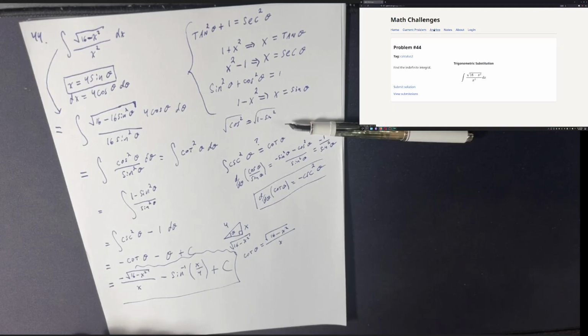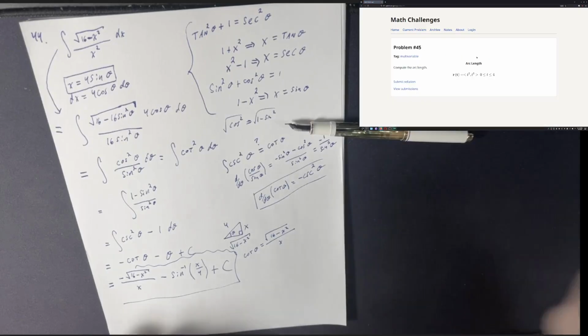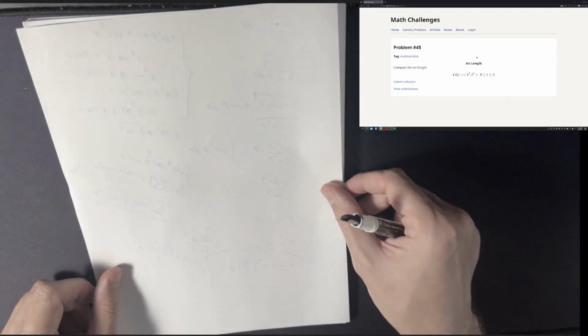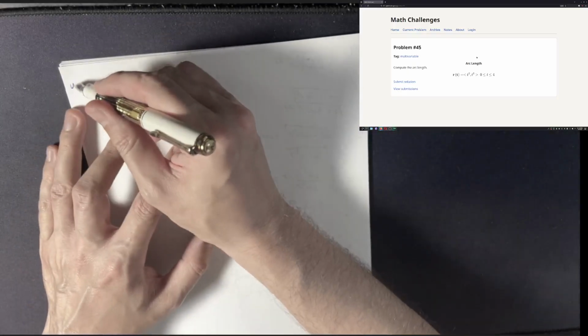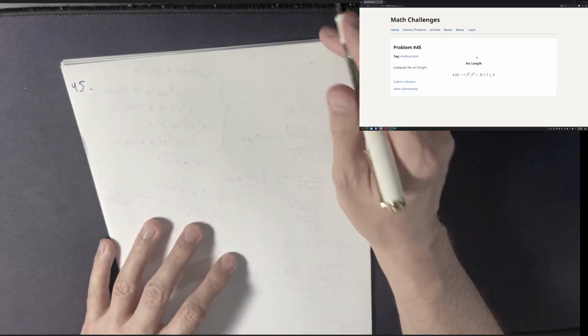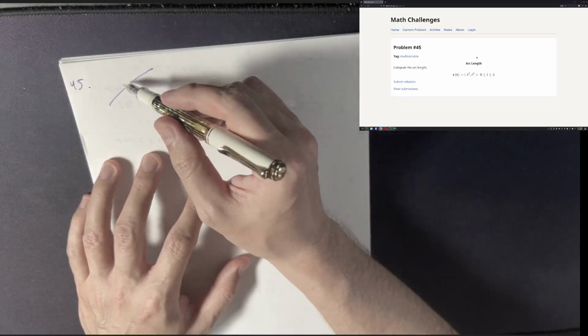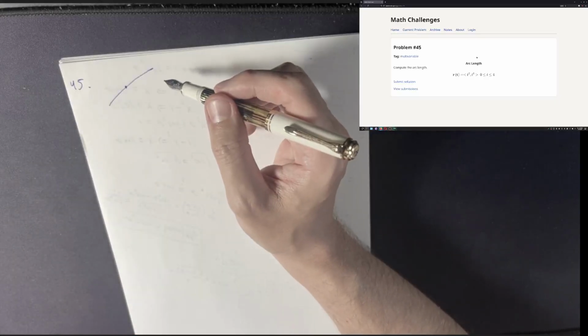So let's see what's next. This multivariable problem about arc length. So 45. I mean, I could just spit out the answer for you, but I guess I haven't thought about this recently in multiple dimensions.